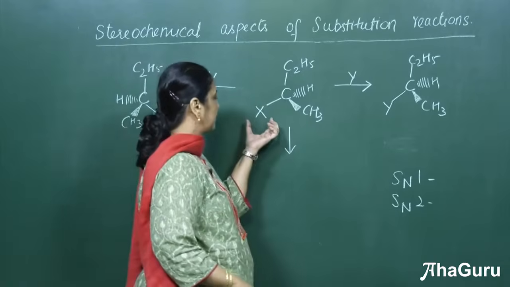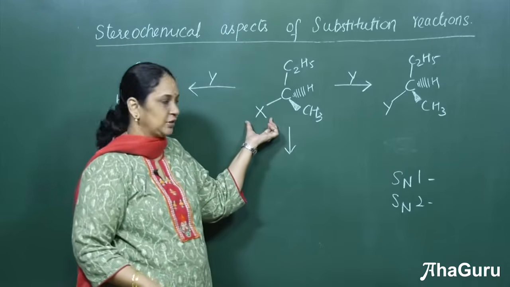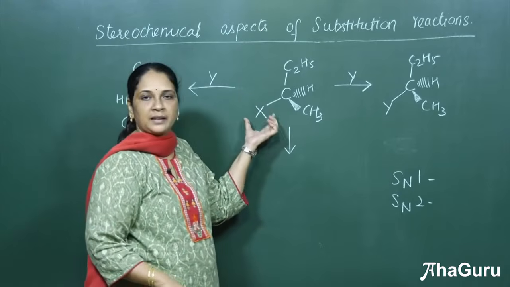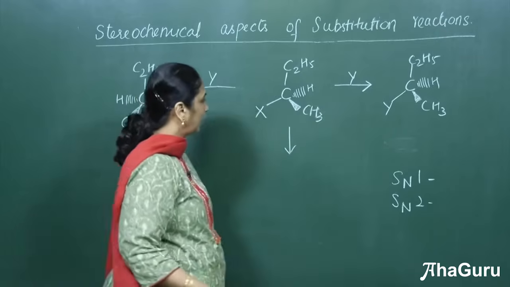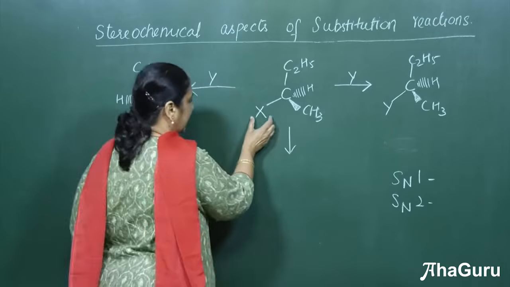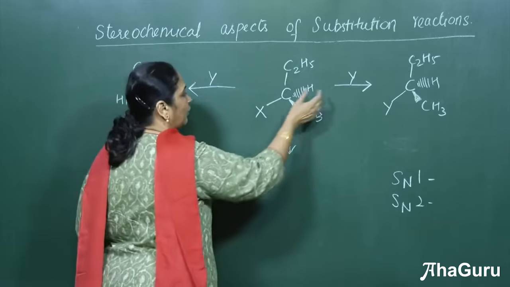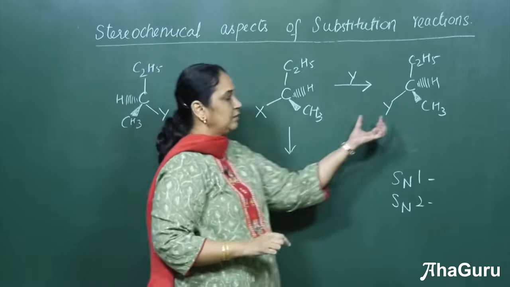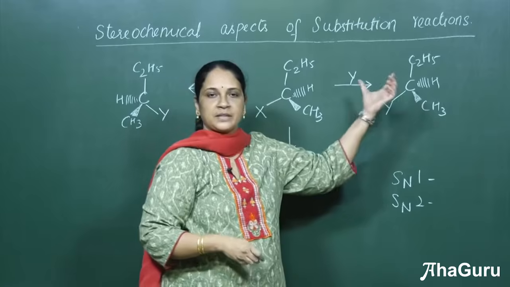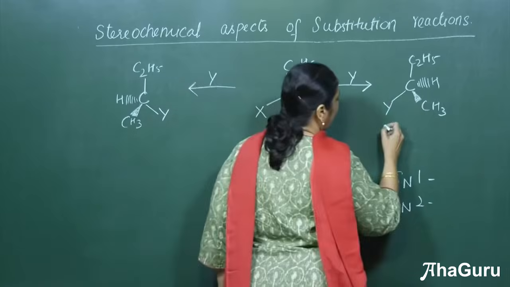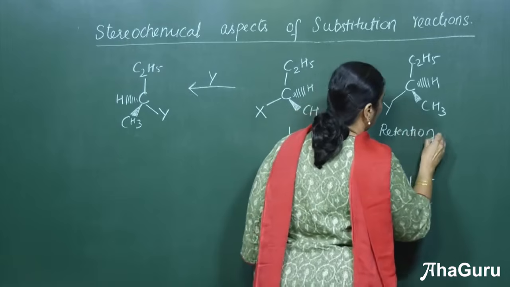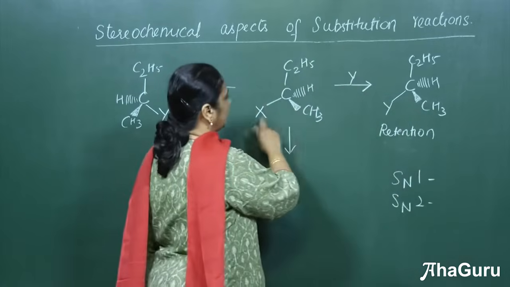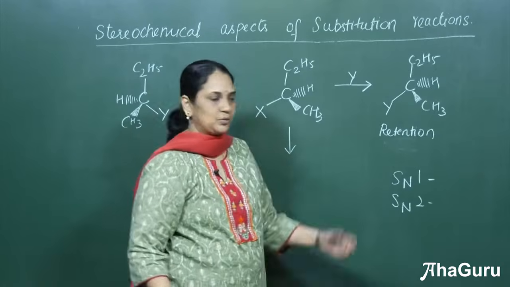Suppose this is a halogen X, and we substitute it with another nucleophile, let us say Y. Imagine that wherever X is leaving, Y takes the same position. Such a product is said to have retention of configuration, because wherever X is left, there Y comes in and gets substituted.